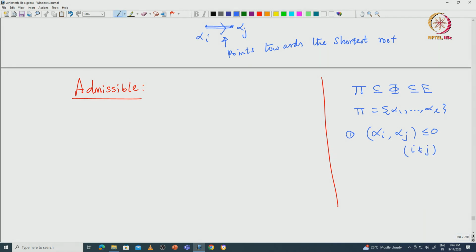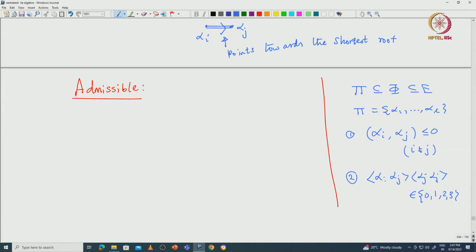The second property is that the Cartan numbers of alpha i and alpha j, and of alpha j and alpha i, must have values 0, 1, 2, 3. This is again a very strong condition that comes from the Cauchy-Schwarz inequality.